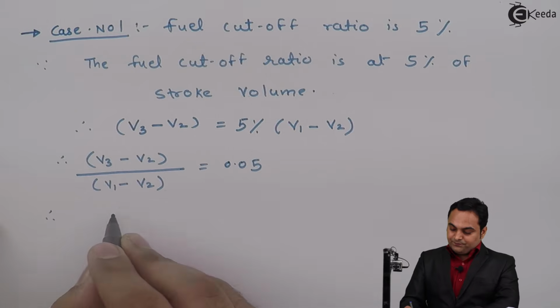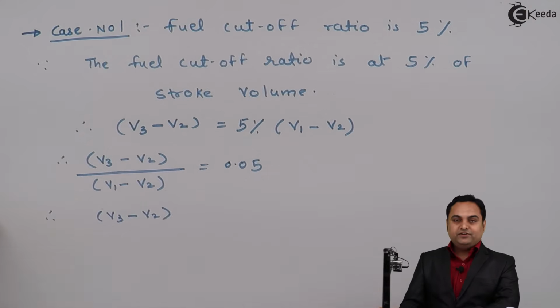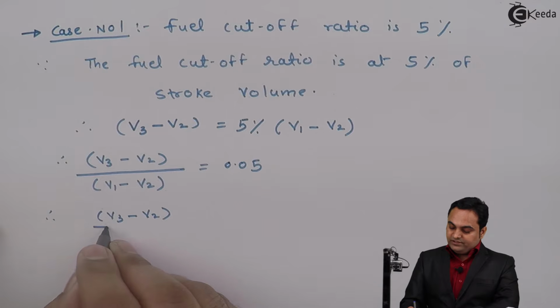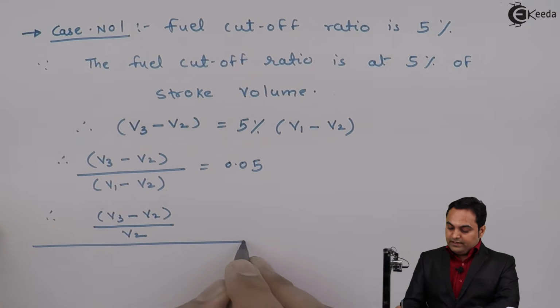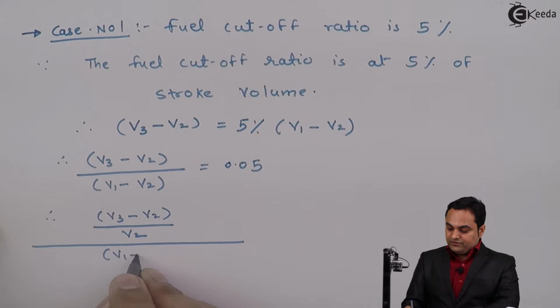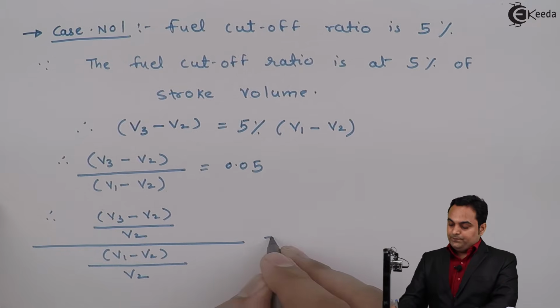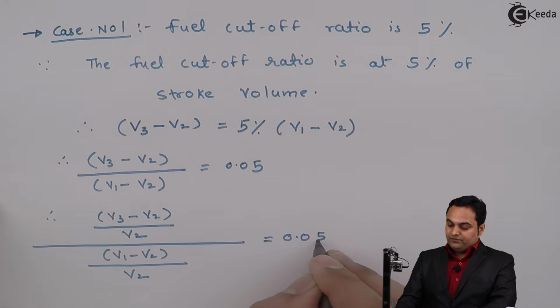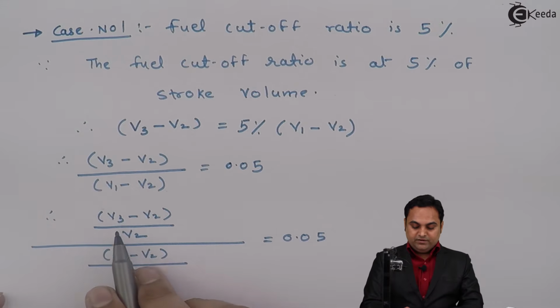So in the numerator we have V3 minus V2, so we are going to divide this by V2, and the denominator, which is V1 minus V2, will also be divided by V2. So here I am dividing both numerator and denominator by V2, that is equal to 0.05. So I can simplify this.